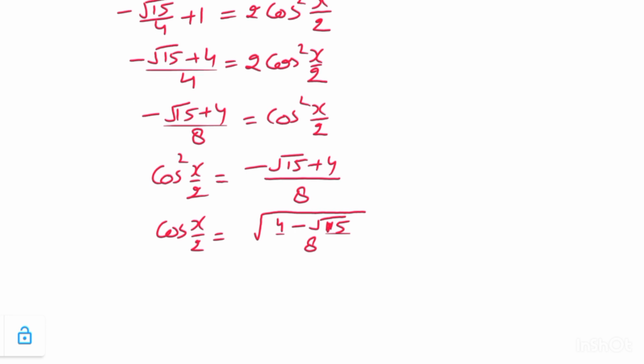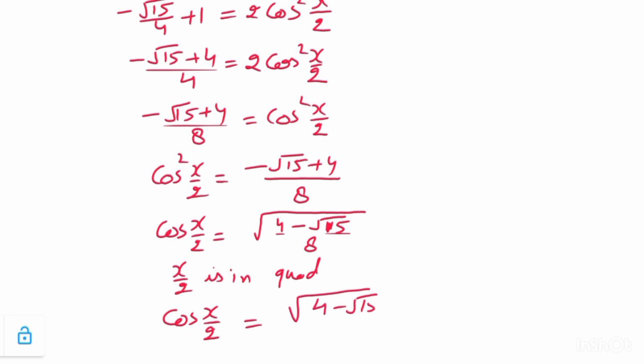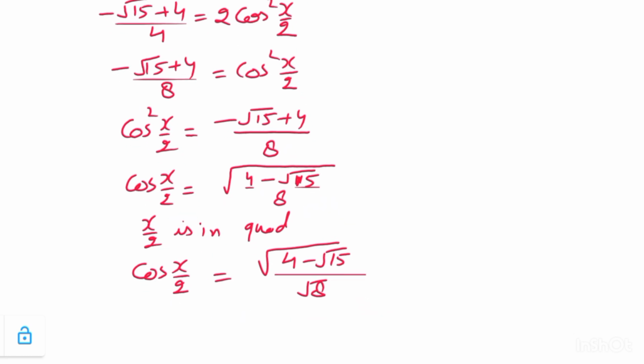Now x by 2 is in the first quadrant, so this will be positive, so cos x by 2 is equal to positive square root of 4 minus root 15 divided by square root of 8, right?